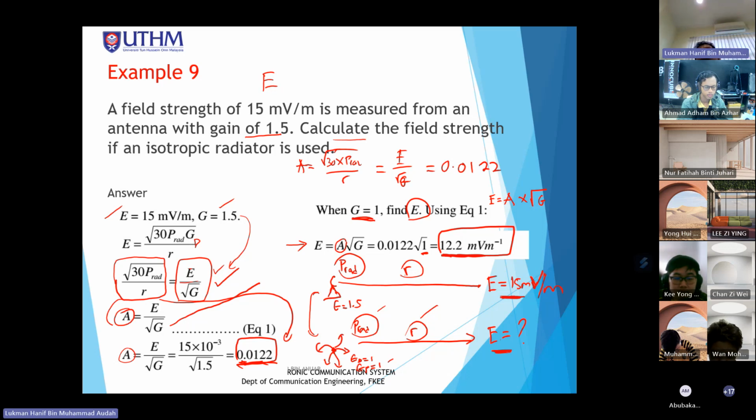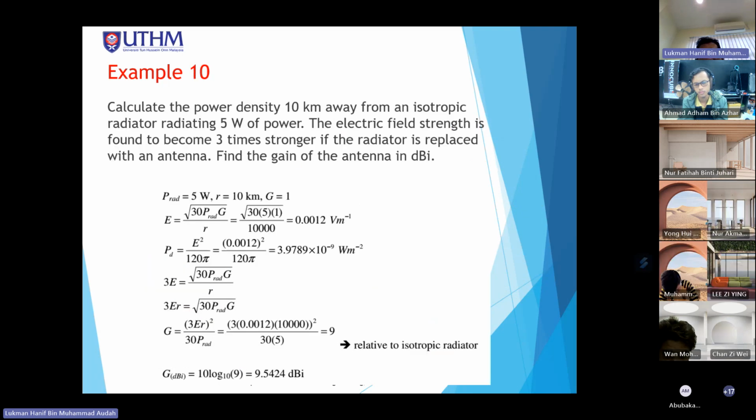Assuming that we change the antenna into an isotropic antenna, how much would be the electric field? So the final exam question looks like this.